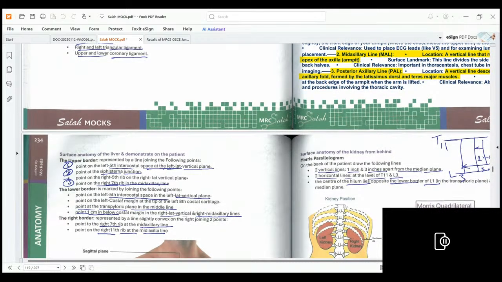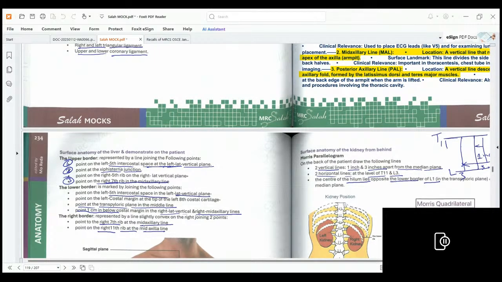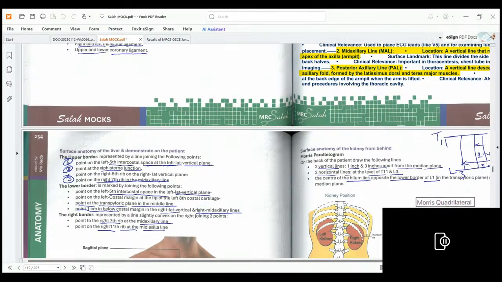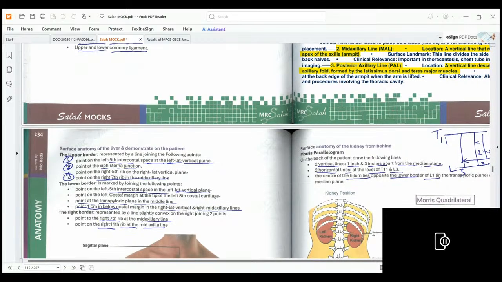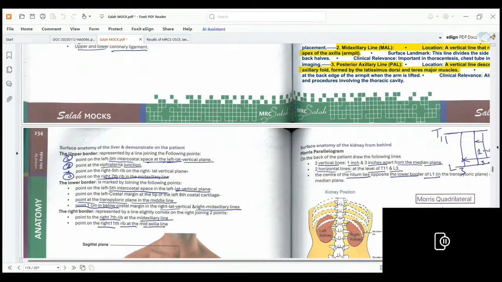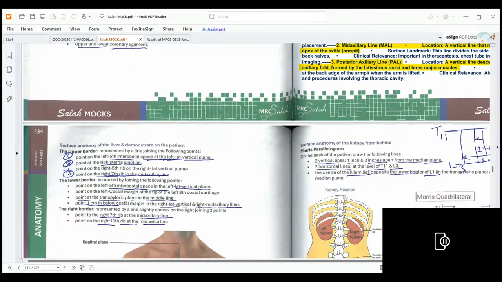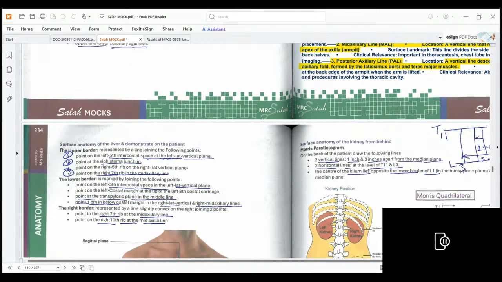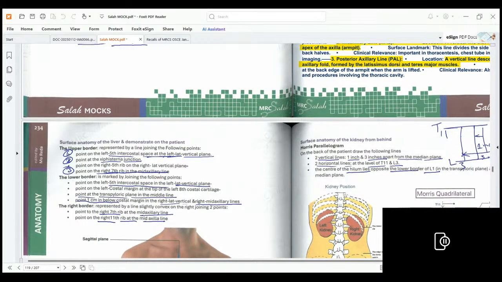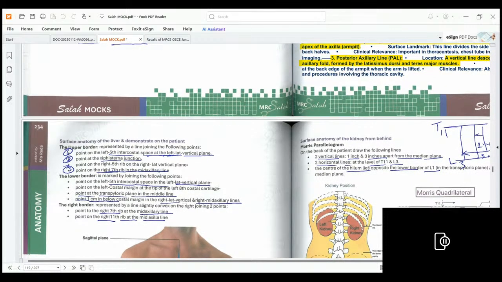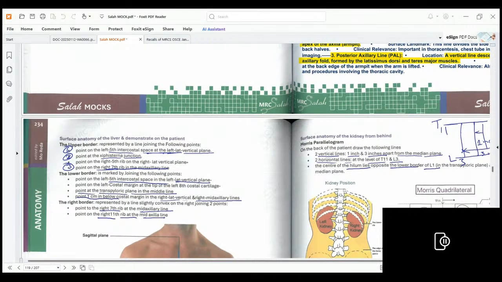So one is the left lateral vertical plane, one is the right lateral vertical plane.